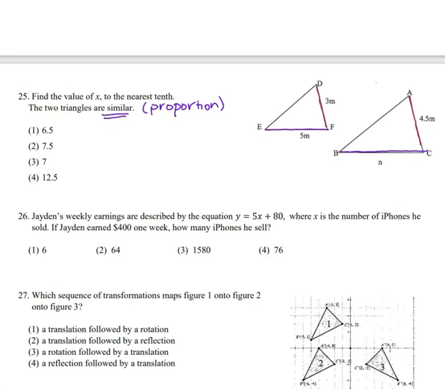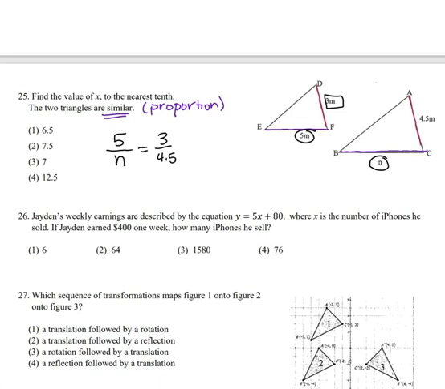So once I have my corresponding sides, I'm just going to set up a proportion. So I'm going to say 5 over n is equal to 3. Notice how I went back to the left triangle because I started with the left triangle, over 4.5.